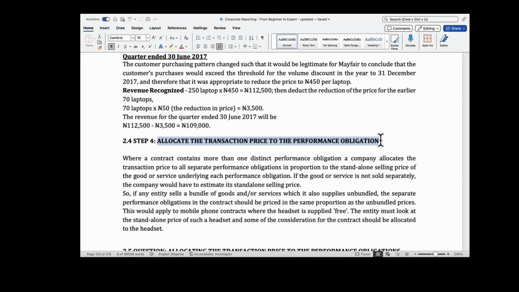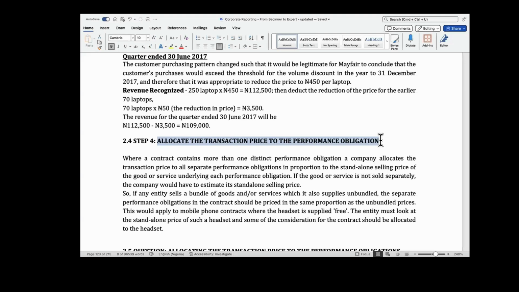Now, this step 4 is only relevant in a scenario whereby the seller just bundles those separate goods or services and charges a single price for everything. As soon as we have identified that there are distinct goods or services, and that single price is charged for everything, we would have to allocate that price to each of those performance obligations separately.